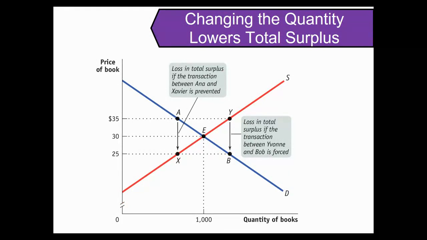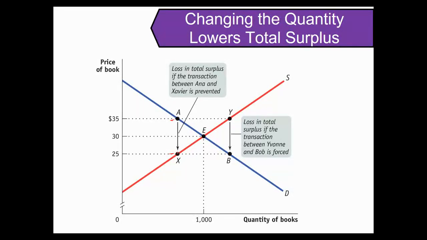So if we take a look here, once again, we could see a loss of total surplus if Xavier at point X were prevented from selling his book to someone like Anna at point A. Then we could see the total surplus fall by $10, which is the difference between what Anna's willing to pay and what Xavier is willing to sell at.